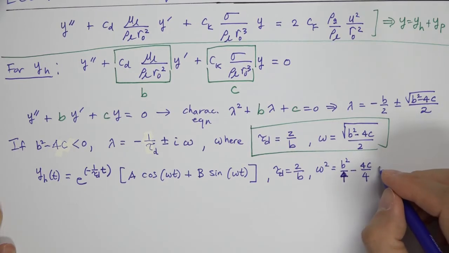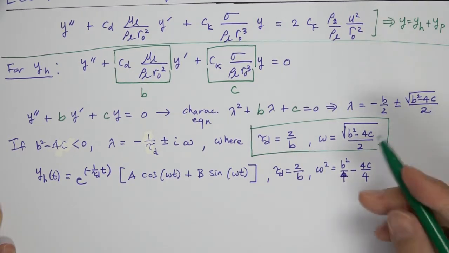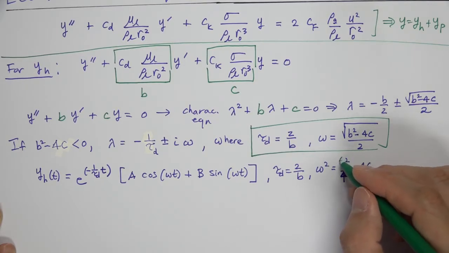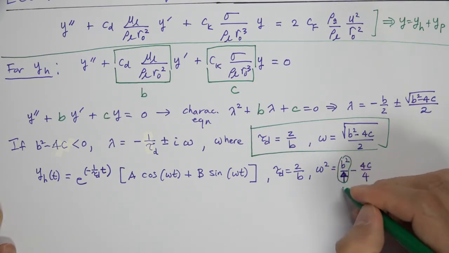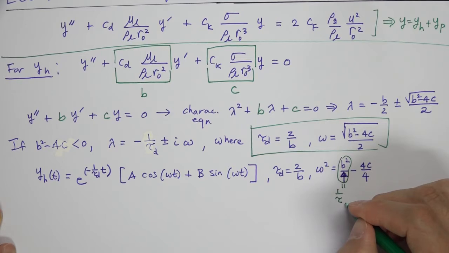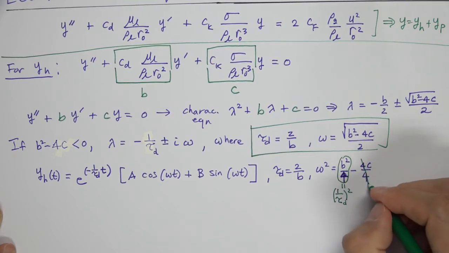So this will be 1 over tau d square, right? And this goes away.